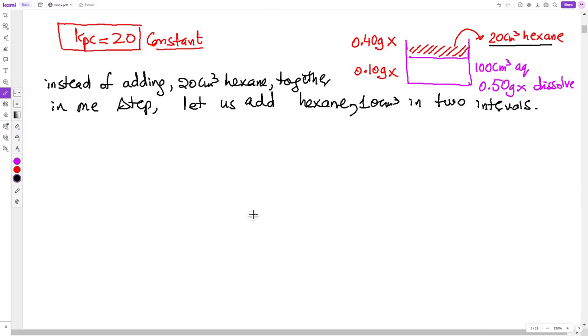We want to investigate what happens when we add the solvent in more than one interval, adding the same total amount of solvent. Like we added 20 cm cube hexane and extracted 0.40 gram of X. Now we want to try what will happen if we add this hexane in two intervals, and in each interval we will add 10 cm cube hexane. You got what I'm saying? Yes. So in interval 1, add 10 cm cube hexane.